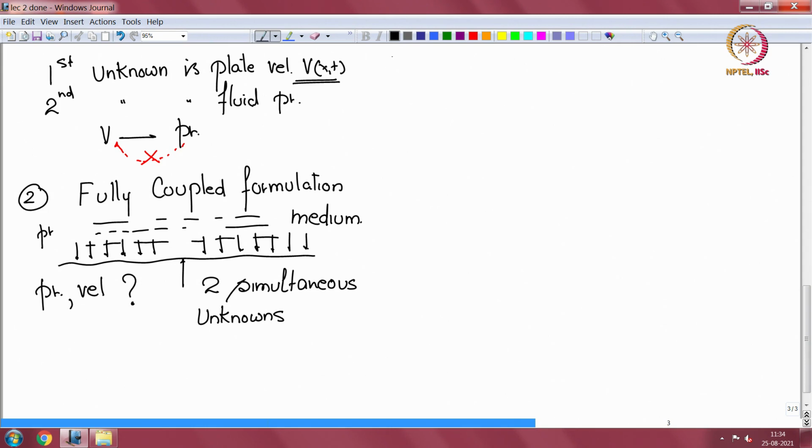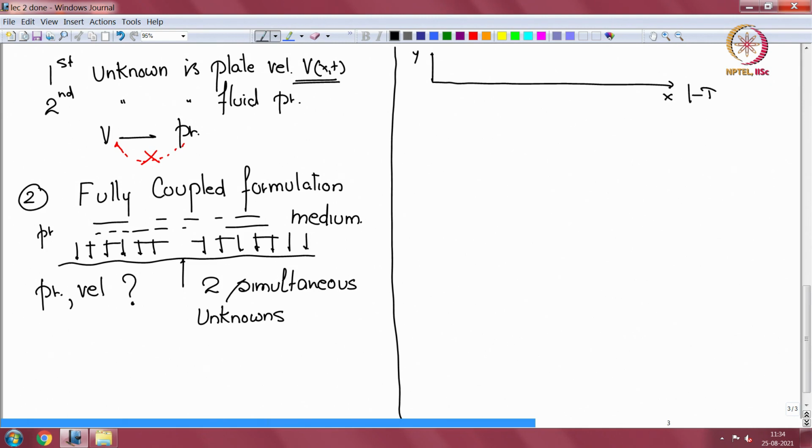Okay, so let's see. I have the y direction, this plate, it's a 1D plate. There is a line force, and the medium. So now the acoustic variables.